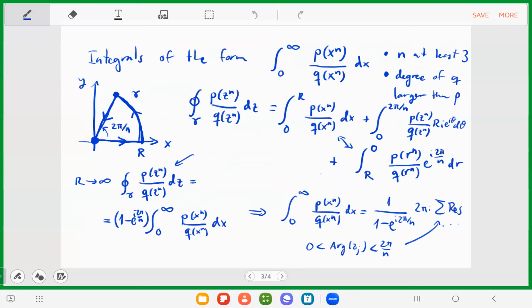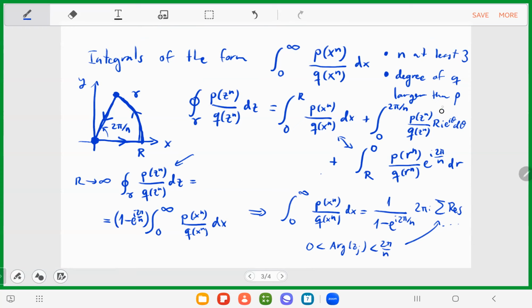It's not that it must be at least 3, it's that it's only useful if it's at least 3. If it's only 1, then it doesn't really work, because notice, due to this R here, the piece around the circle maybe doesn't go to 0.